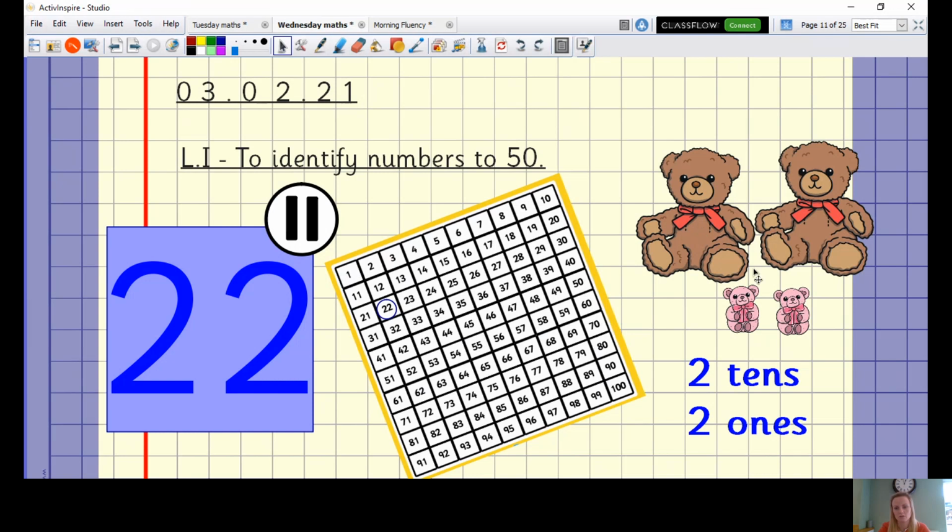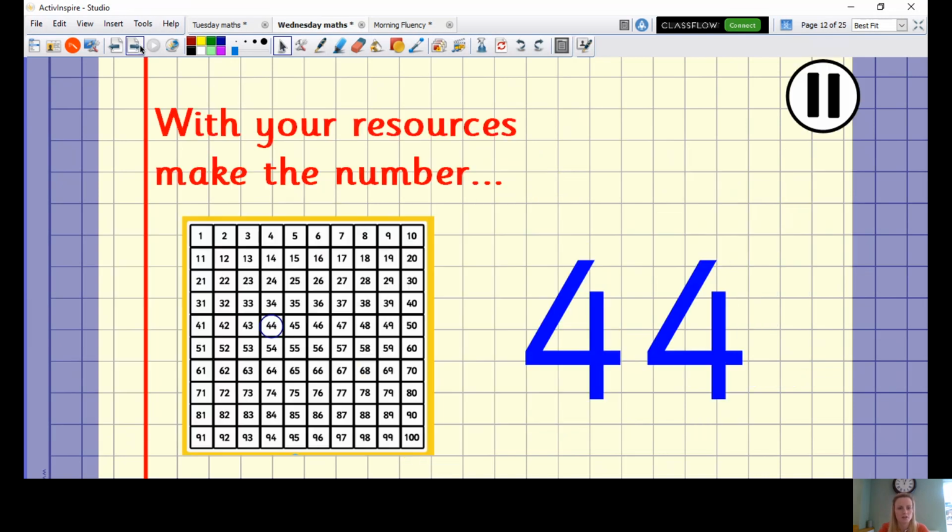I know that 22 has 2 10s and 2 1s. Okay, that's what it's going to look like, but it's going to be split up into different slides. The first number I would like you to find on your number square and then make is the number 44. Press pause and have a go.